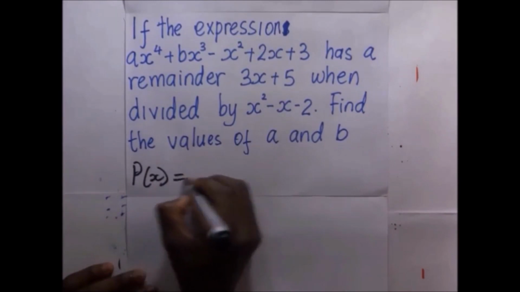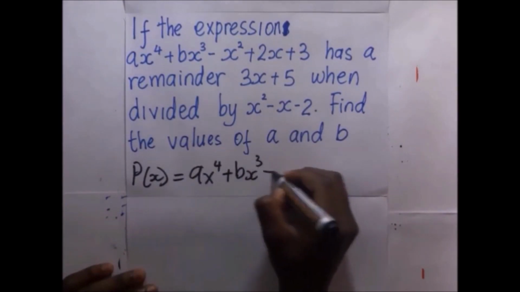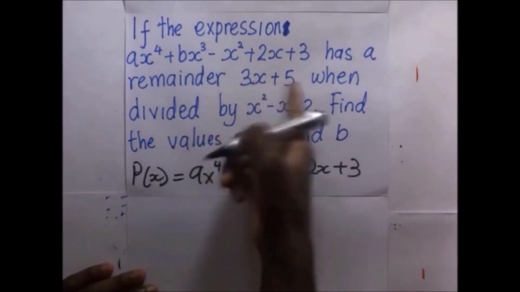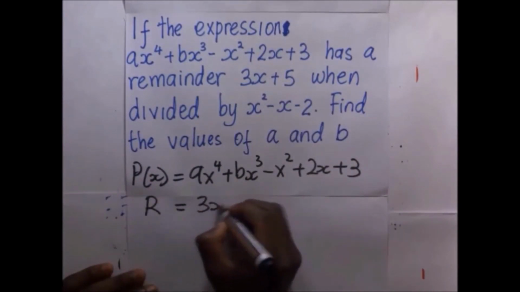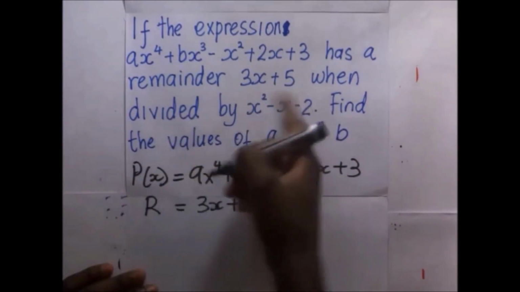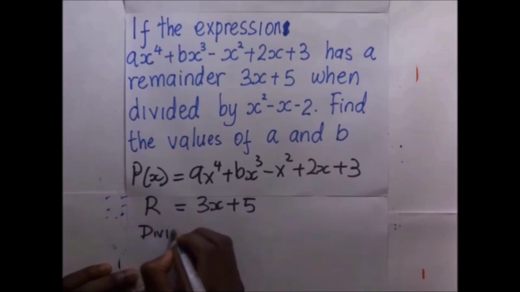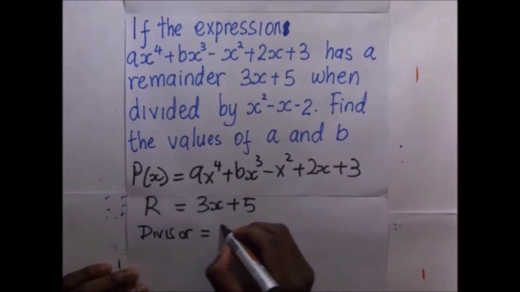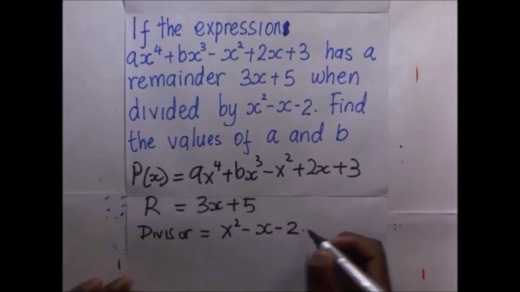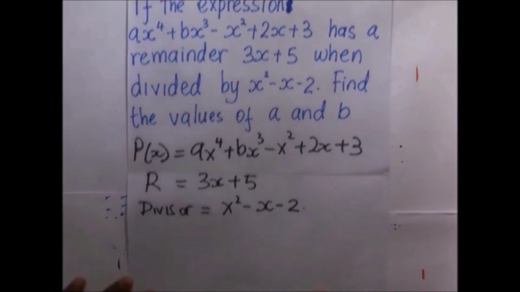Our polynomial is ax to the power 4 and so on. Our remainder is that, and our divisor is that. They're asking us to find the values of a and b.